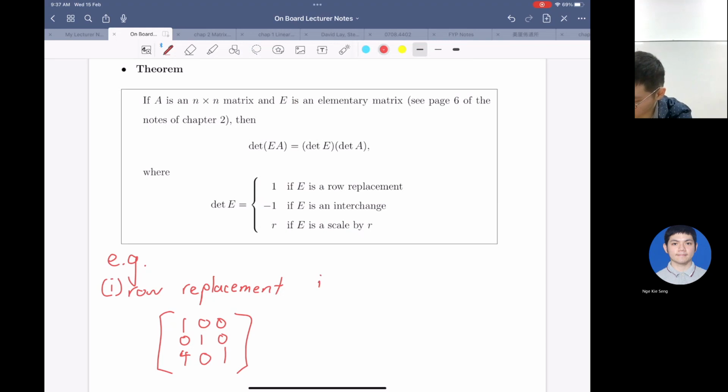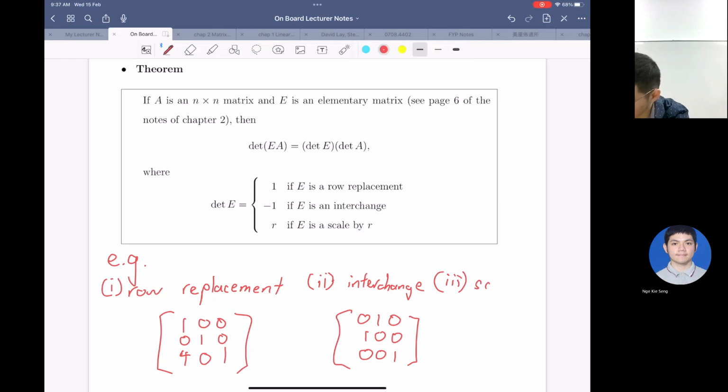If E is the interchange, then we'll have something like a swap between rows, and the third is scale by R, so something like R 1 1 0 0. Okay, this is what we did last week.